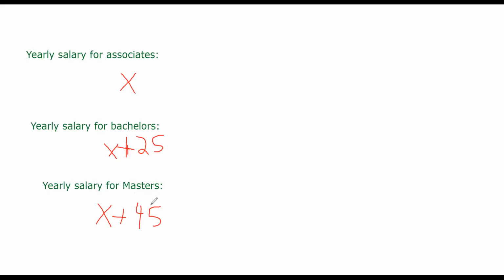If I do the salary for an associate's plus the salary for a bachelor's, which is not just X, but it's X plus 25. Now you could put it in parentheses to say it's its own separate quantity, but all we do is end up dropping those parentheses anyways because we're just adding it, and we would just be doing 1 times it, it wouldn't matter.